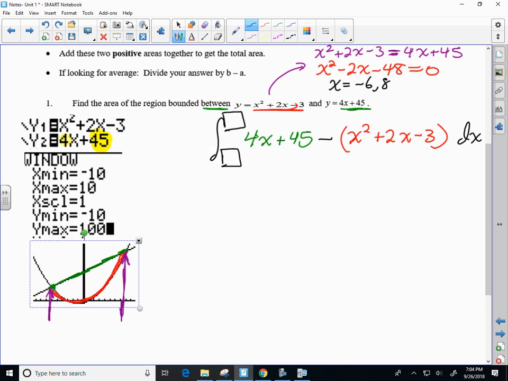So now I know my boundaries of integration, negative 6 and 8. So I can go into my calculator. Now I have these stored in as y2 and y1. So I can actually type into my calculator negative 6 to 8 y2 minus y1 dx.